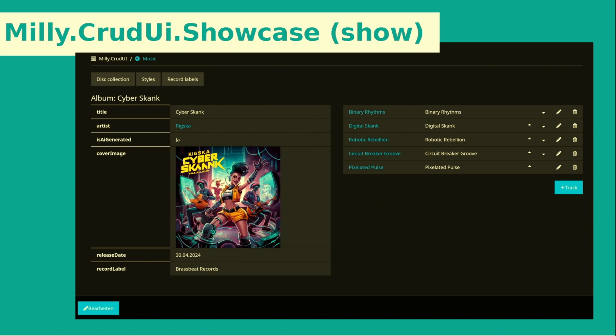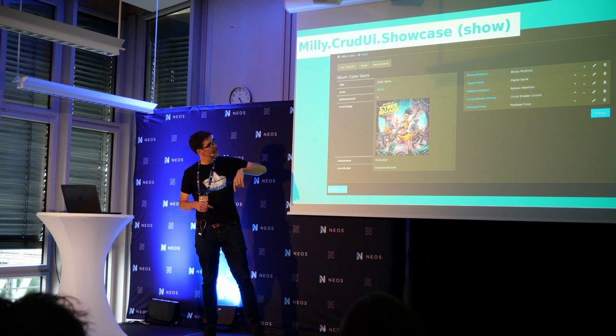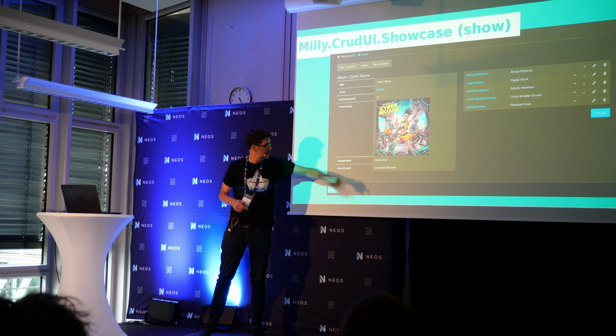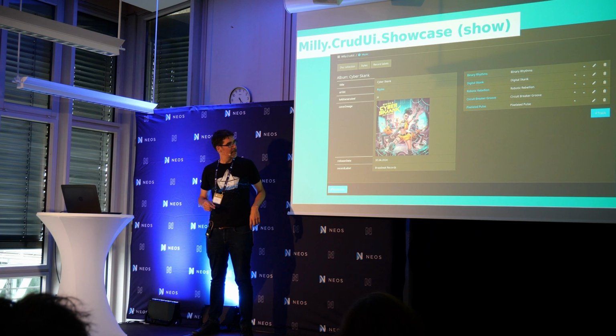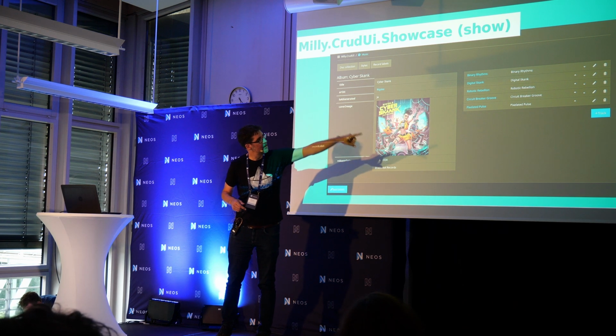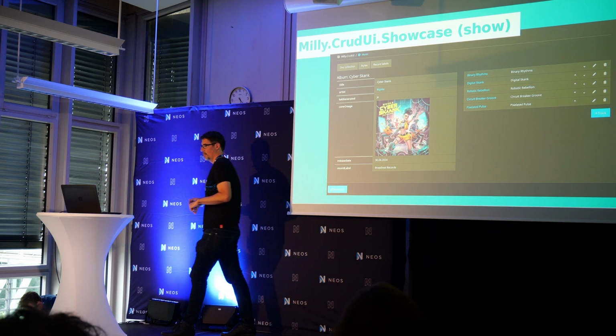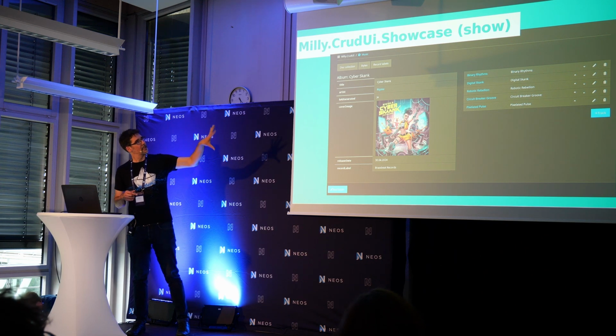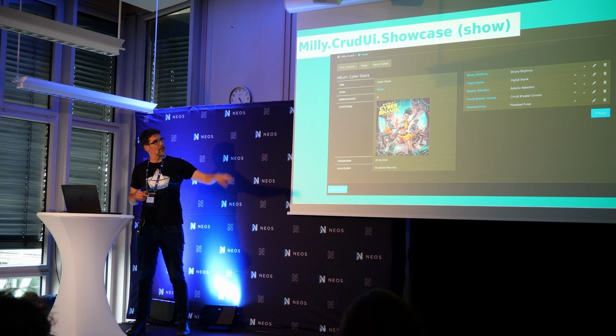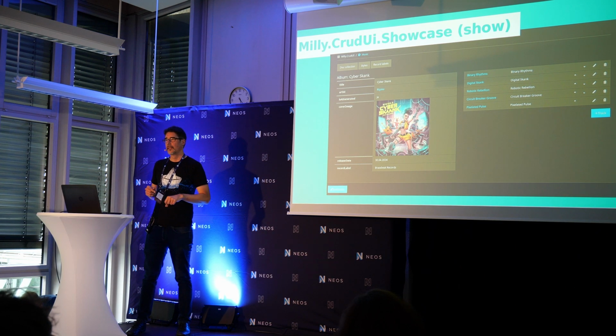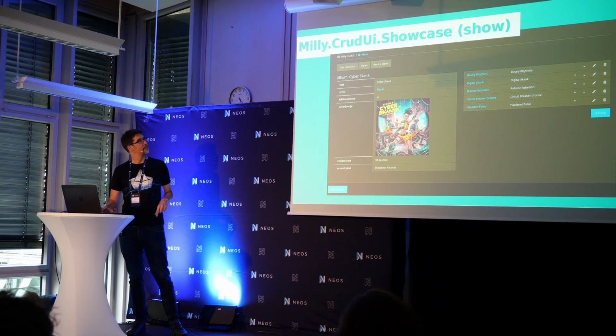It has a title, an artist, which is also linked, so it's another entity. You can have images, date fields, and this is another relation. And there are even the tracks on this album. You can also manage them in this view. You can just edit and add new tracks there.